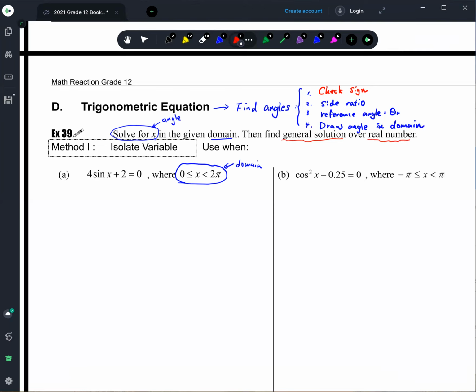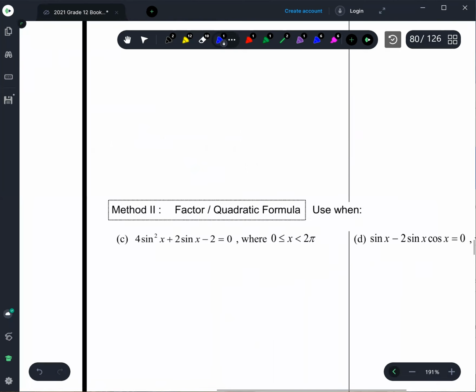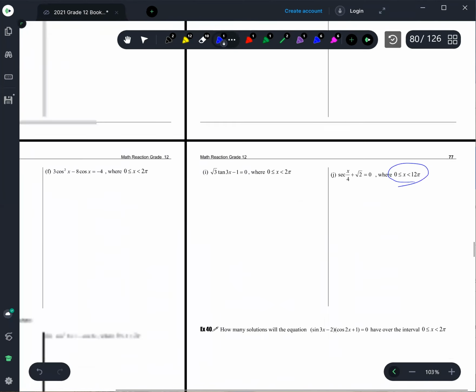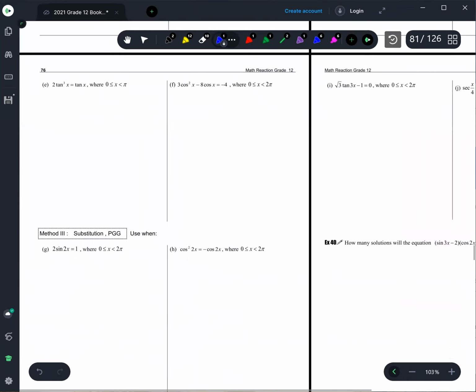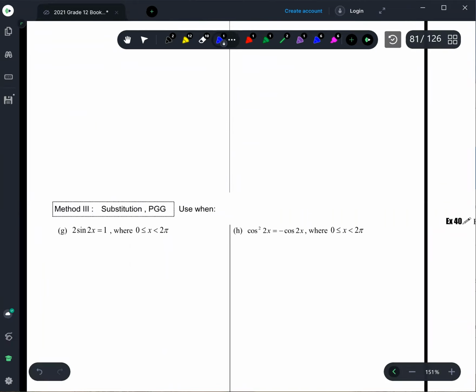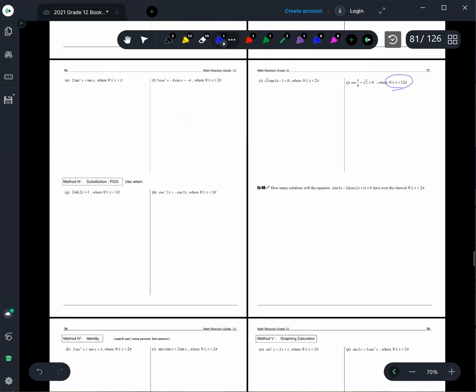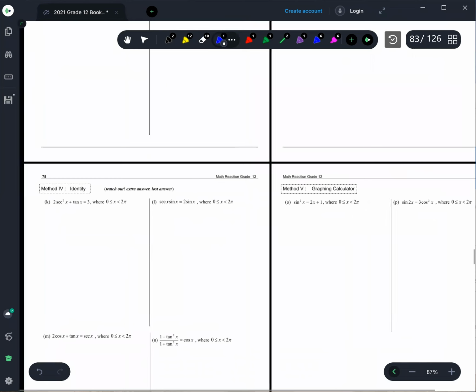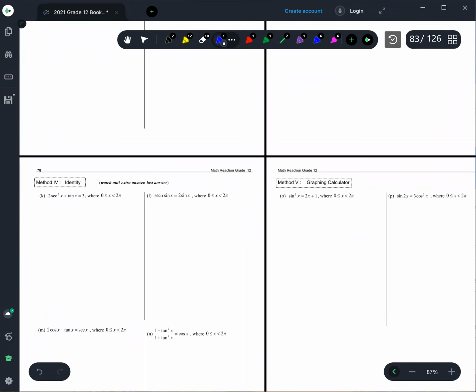So depending on the type of the equation, we have different methods. The first method is to isolate variable, and the second method is called factor or quadratic formula. The third method is substitution, PGG, we'll talk about what that means. Number 4, identity. Number 5, graphing calculator.